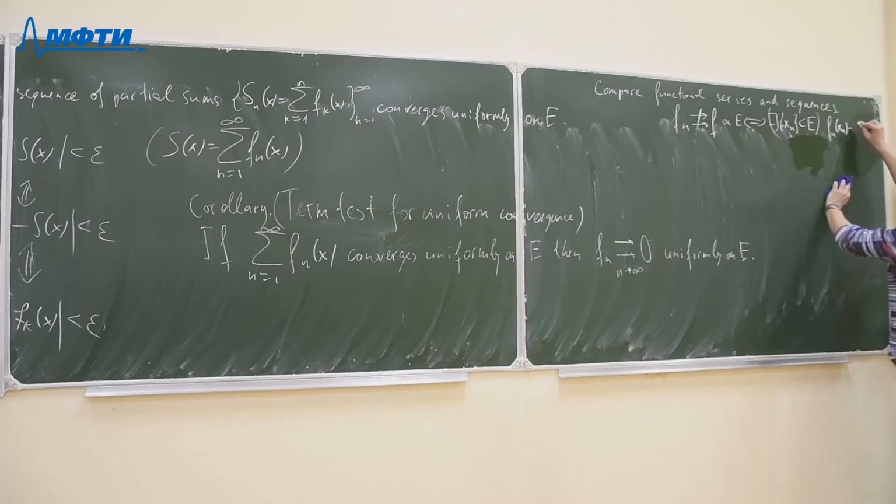Let me write like that: f_n(x_n) minus f(x_n) doesn't tend to 0. That is more useful.